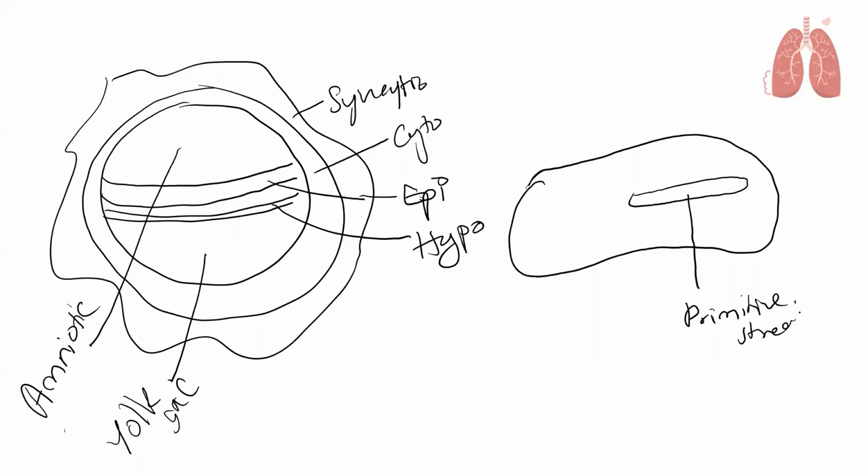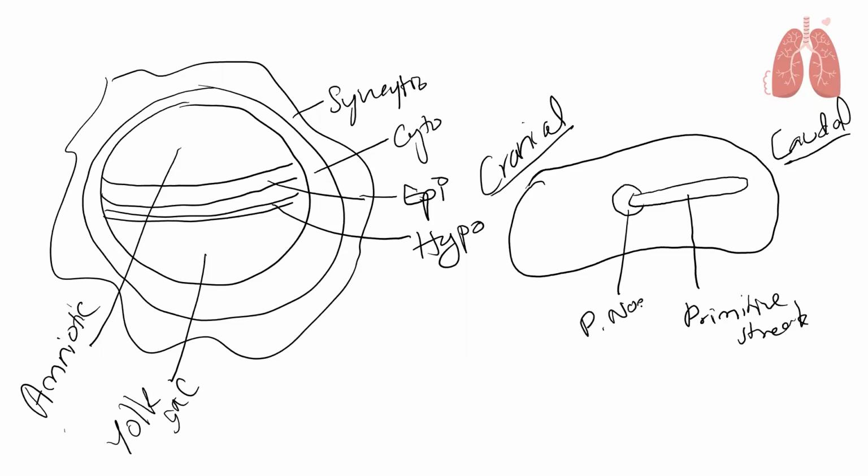This embryonic plate has a cranial end, the head end, where the head develops, and the caudal end or tail end, where the lower part of the body develops. In the primitive streak, you get a node called the primitive node, and at the center of the primitive node, you get a pit called the primitive pit.